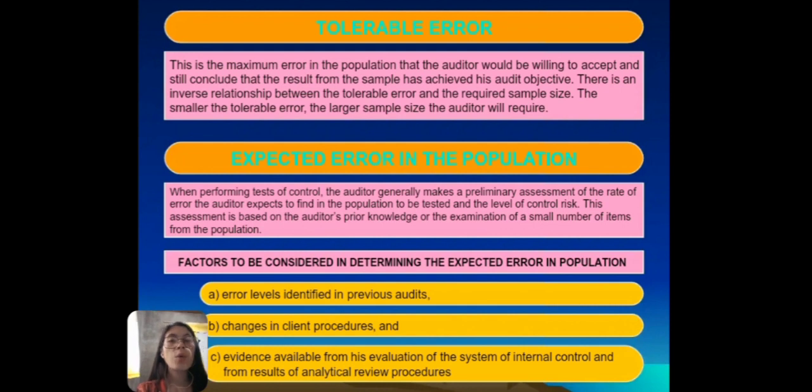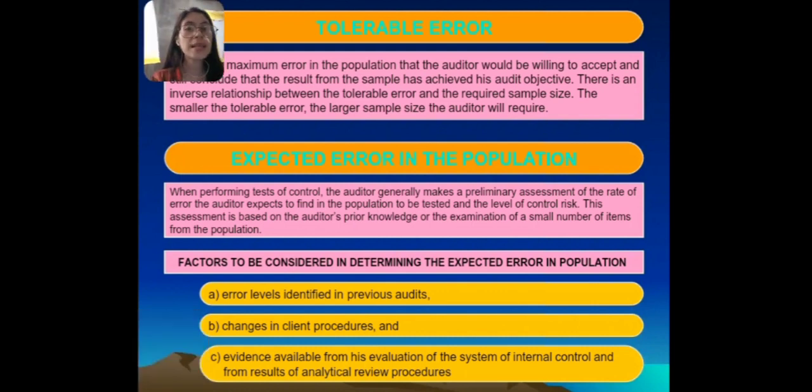We have also the factors to be considered in determining the expected error in the population. First is error levels identified in previous audits. The second one, changes in the client's procedures, and the third one, evidence available from evaluation of the system of internal control and from results of analytical review procedures.